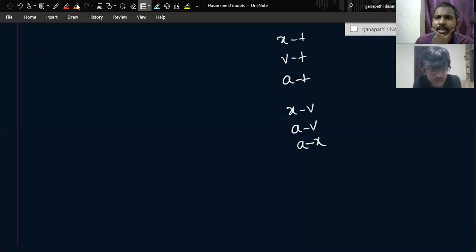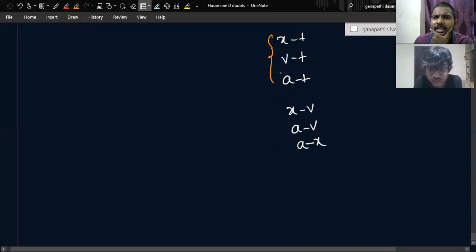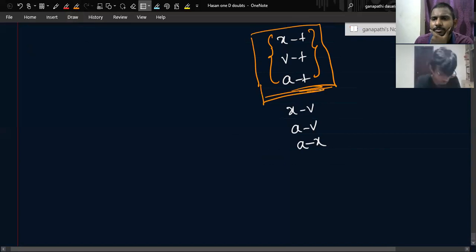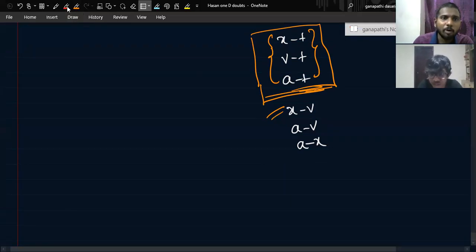When coming to NEET, mostly you will get these 3 graphs. I'm not saying you neglect the others, but mostly these 3 graphs are important for NEET. But out of all of them, the VT graph is special.